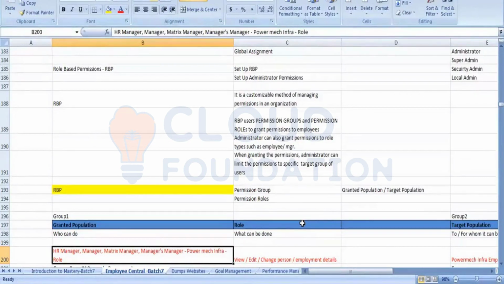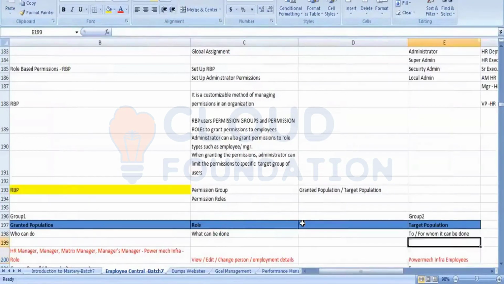Means he is getting the access to handle 100 staff. Yes, exactly. So he is getting the access to handle 100 employees. So those 100 employees will act as a target population. Correct.